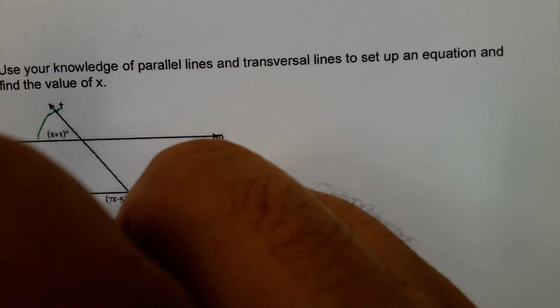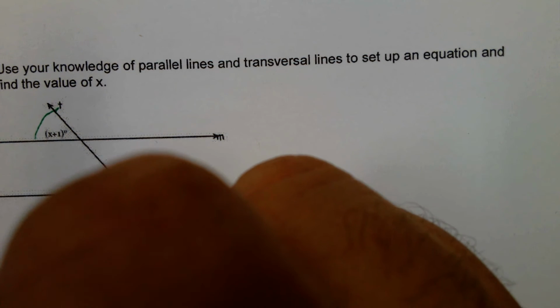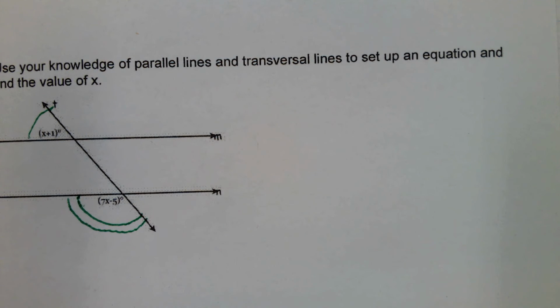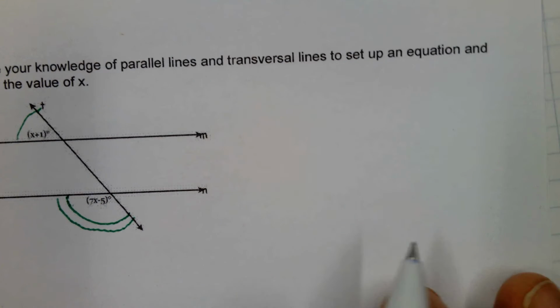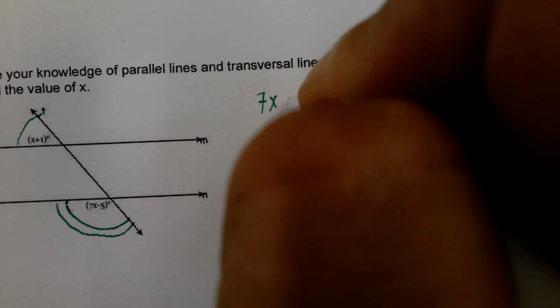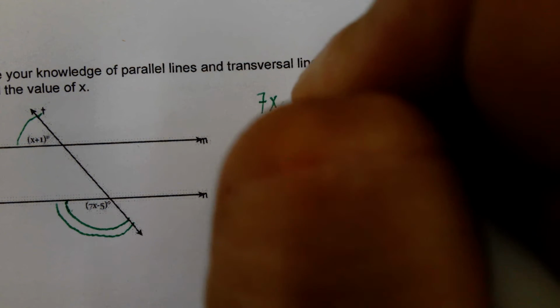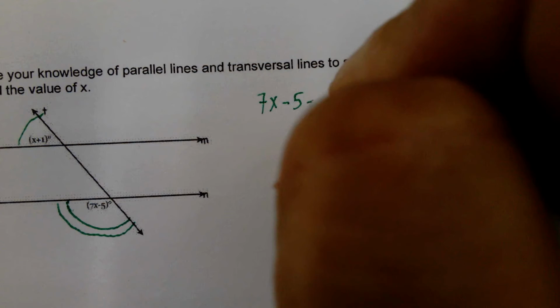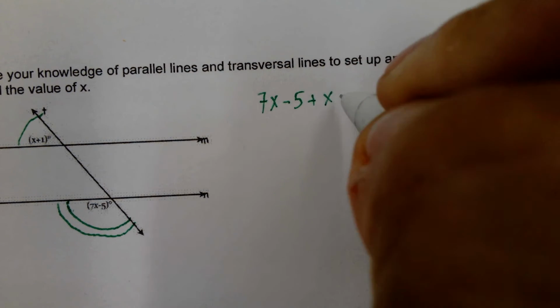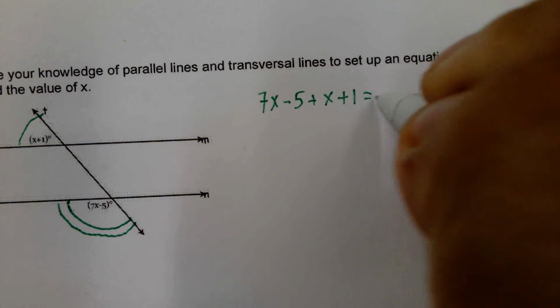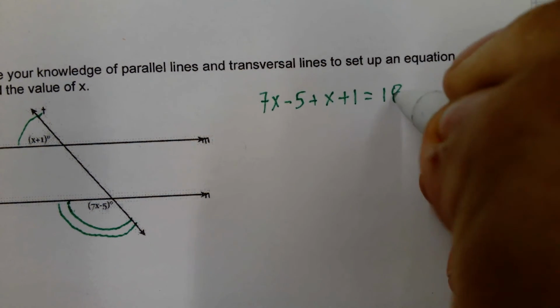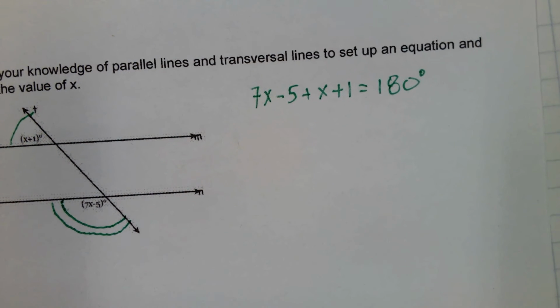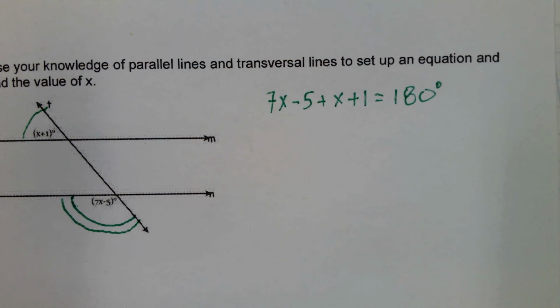Supplementary. So I'm going to put a second loop there to show they're not the same size. It's not that one equals the other. It's 7x minus 5 plus x plus 1 equals 180. And that's because these have to be supplementary.